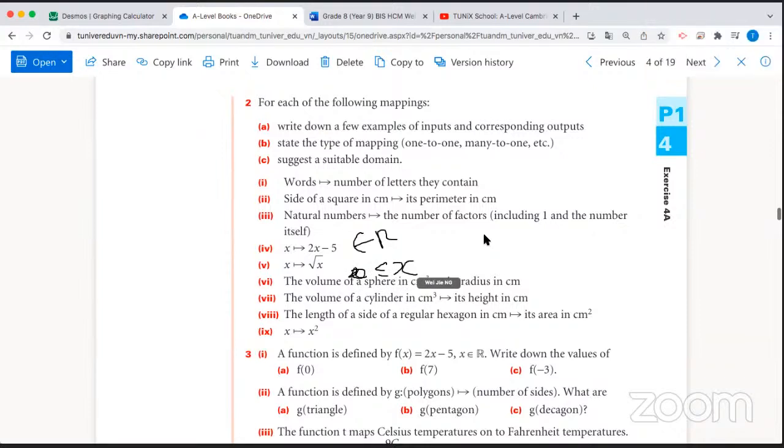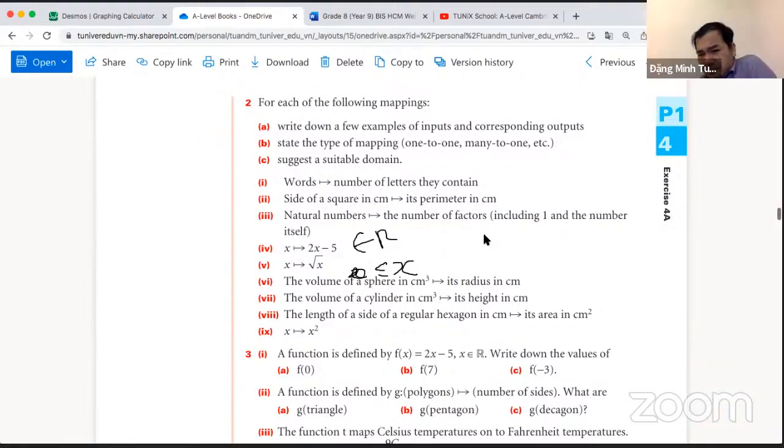Volume of sphere, radius in centimeters. What's the relationship? The volume of a sphere is non-negative, right? Radius also is non-negative.